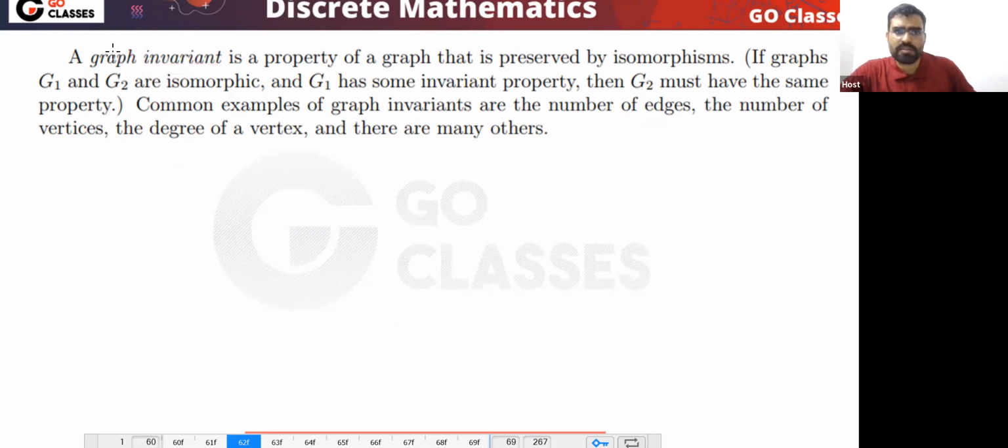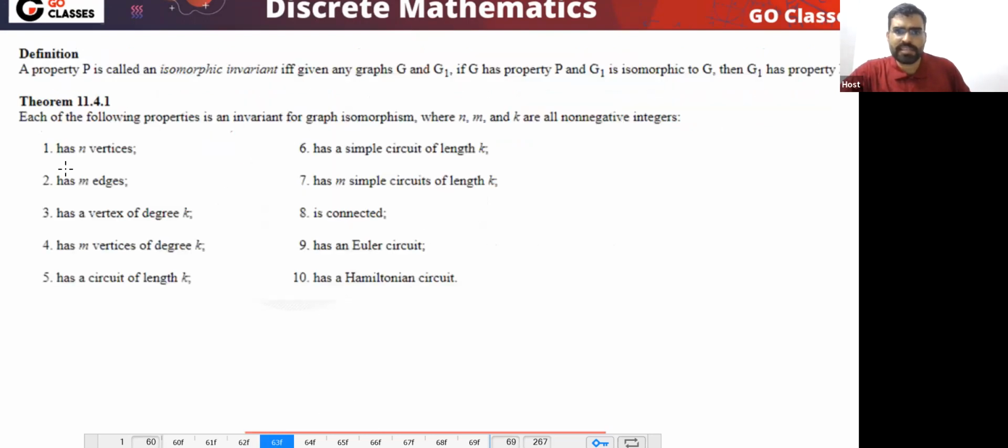A graph invariant is a property of a graph that is preserved by isomorphism. If two graphs are isomorphic, then they must have the same invariants. If this G1 has some invariant property, then G2 also should have the same invariant property. Common examples of invariants are number of edges, number of vertices, degree of a vertex, and there are many others.